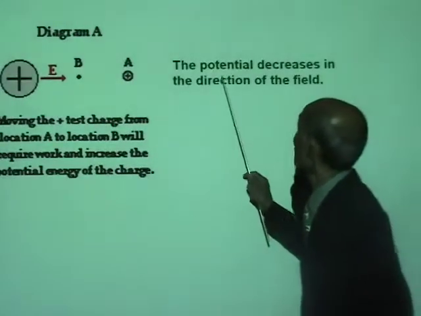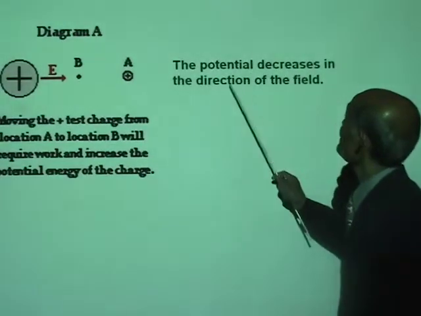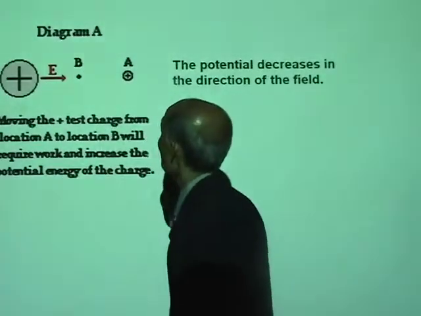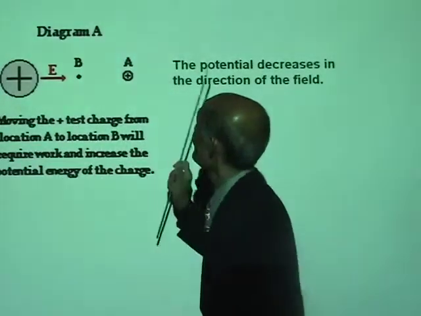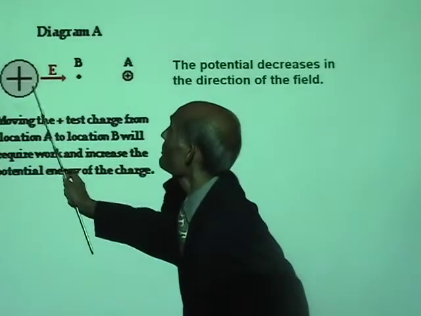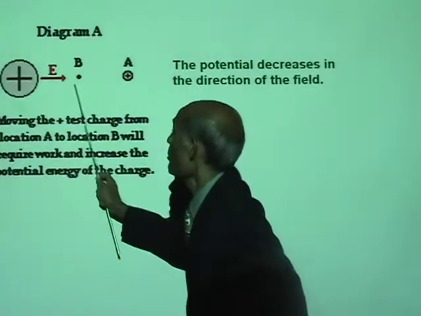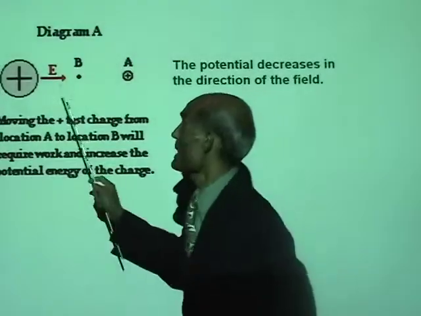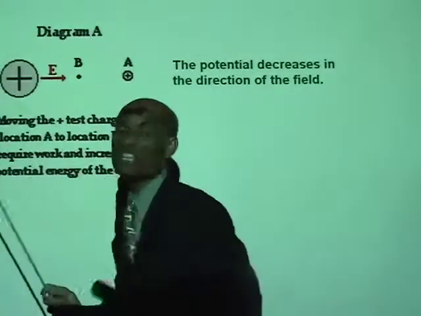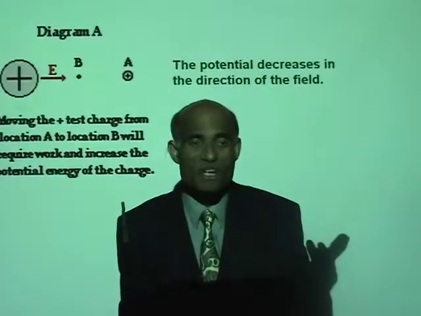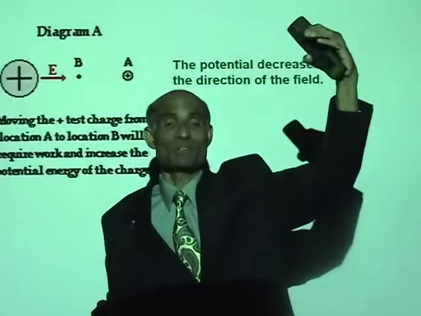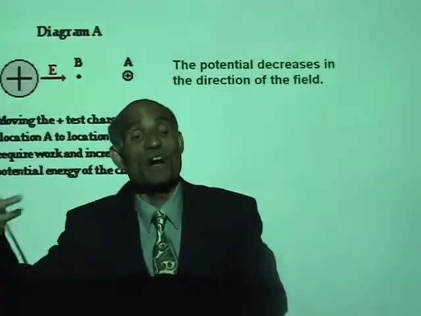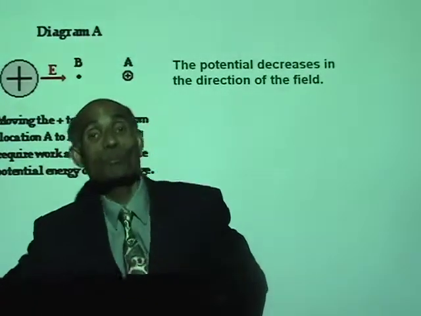Alright, so the potential decreases in the direction of the field. This is the direction of the field from left to right. And as you go away from the charge, the potential decreases. So you must understand the electric potential near a positive charge is a high potential, and the electric potential near a negative charge will be a low potential.